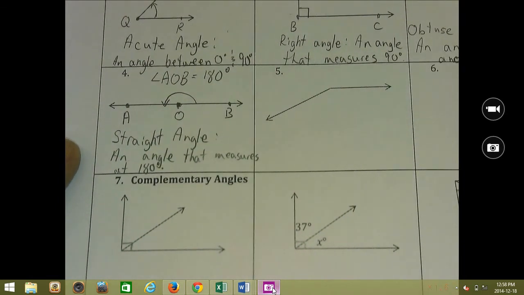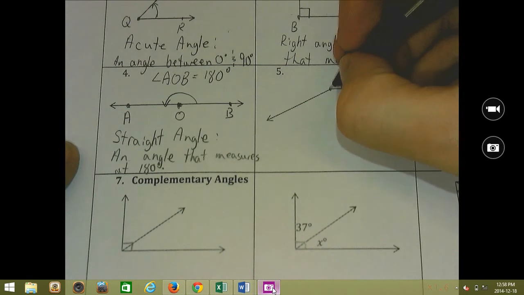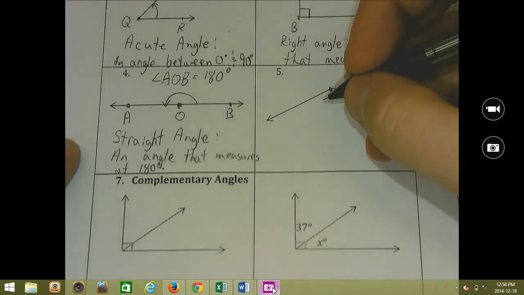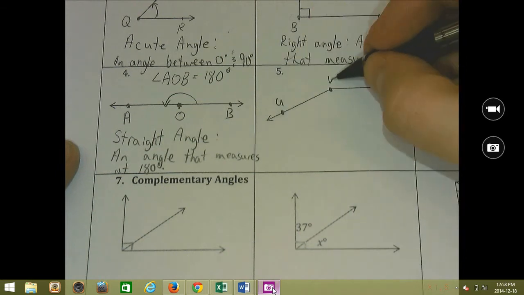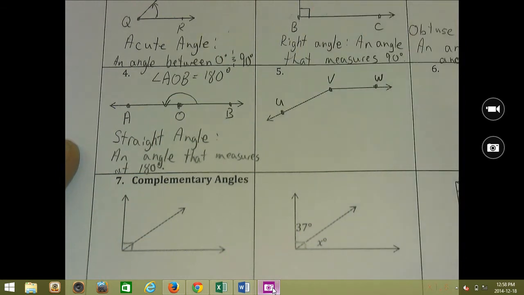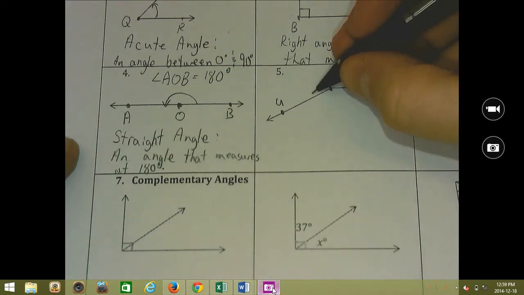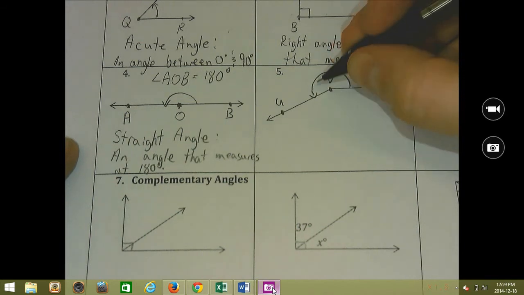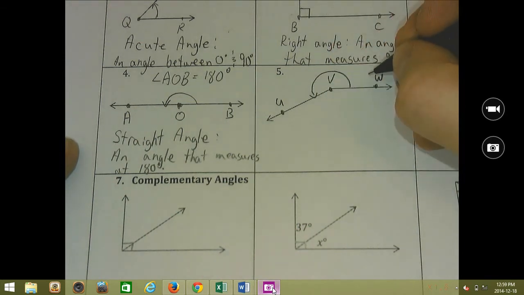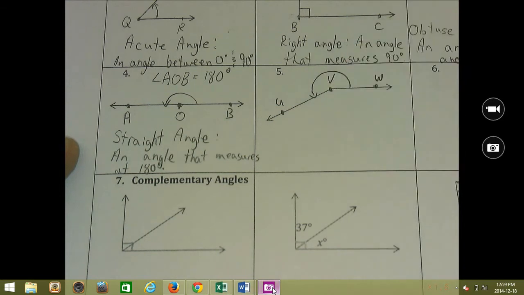So if we do this, and again, I am going to define this as angle U, V, W. However, in this case, what I'm going to do, the angle, instead of the inside here, it's going to be around the long part of between the two arms.